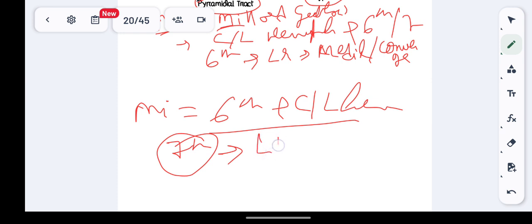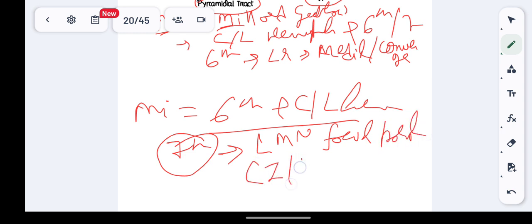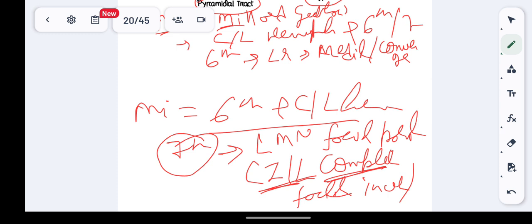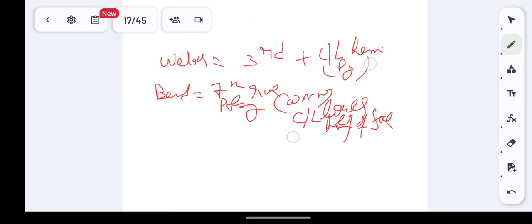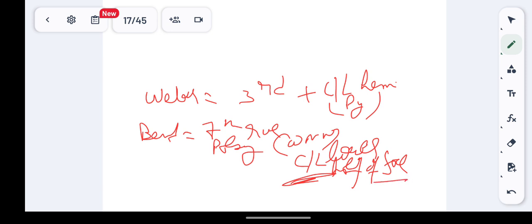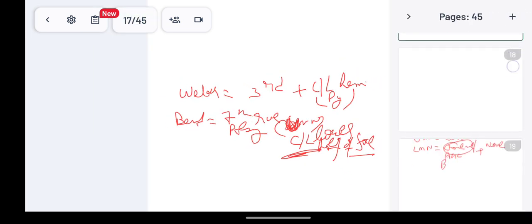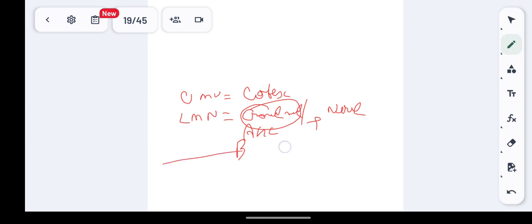So lower motor neuron facial paralysis is seen, with complete ipsilateral facial involvement. In Benedict it was the contralateral half of face because of upper motor neuron, as the fibers coming from the cortex have not reached the nucleus in the pons. So this is our Millard-Gubler.